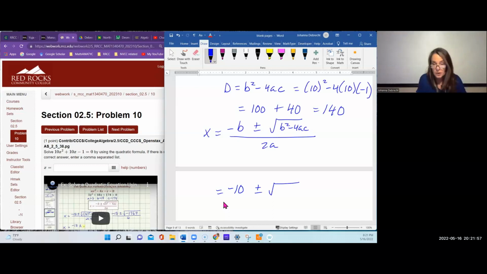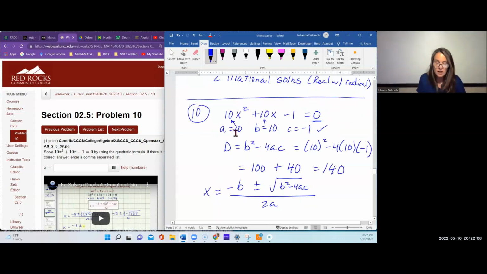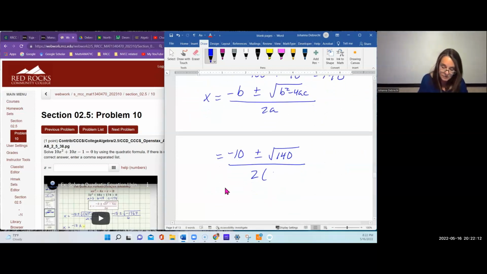I know what the discriminant is. I've already found it. It's 140. So I put 140 under the radical. Then I divide by 2 times a. A was also 10 because it was the coefficient of x squared. Now we can multiply out the denominator.